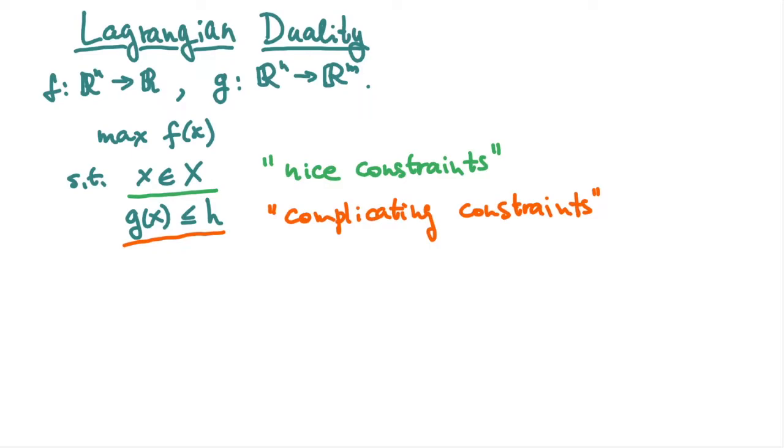Okay, we start by considering a pretty general situation where we are maximizing the function f of x of n variables subject to the constraints defined by this set constraint x belongs to X capital. And these are what we call the nice constraints, meaning that the problem of maximizing f of x over the set X is easy to solve, okay?